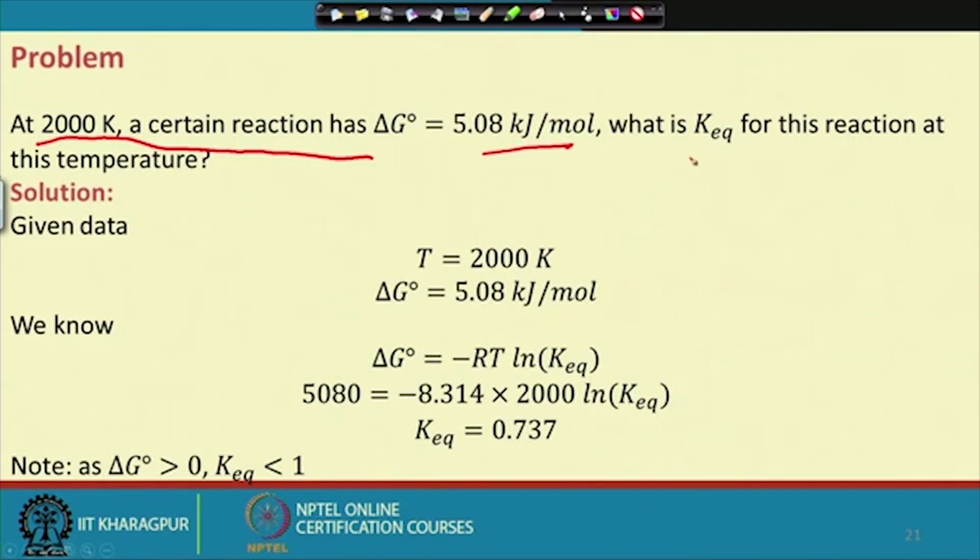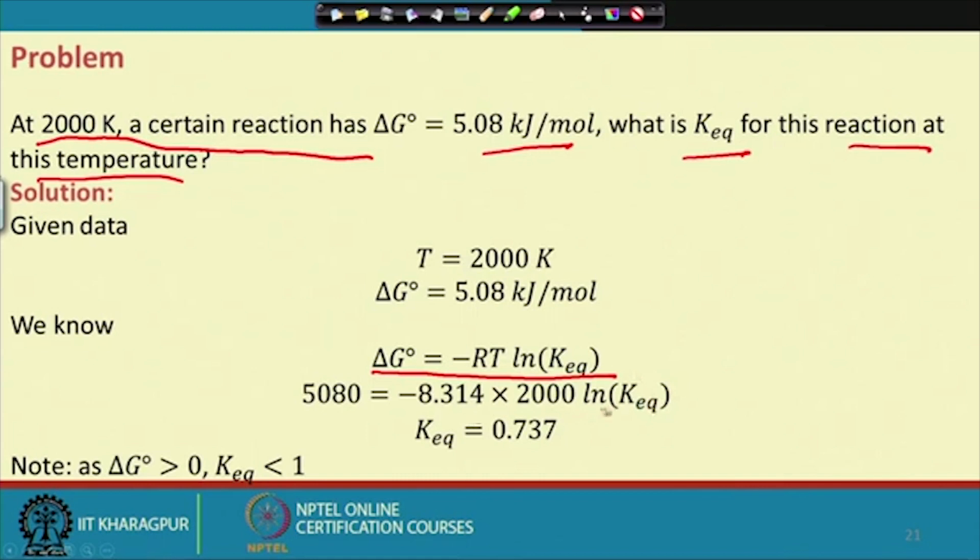What is the equilibrium constant for this reaction at this temperature? As I told you previously, this correlation helps you find the equilibrium constant. We have the correlation: standard free energy change equals minus RT ln K, the equilibrium constant.